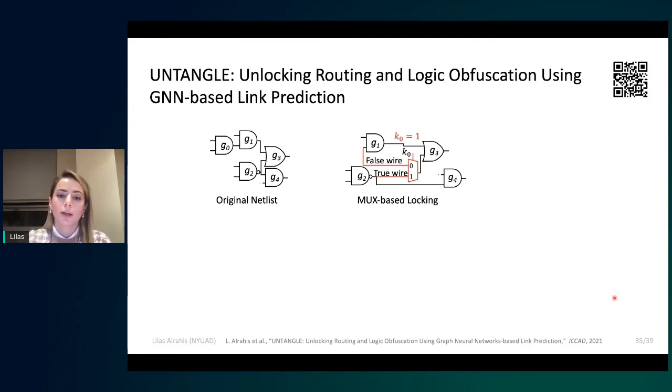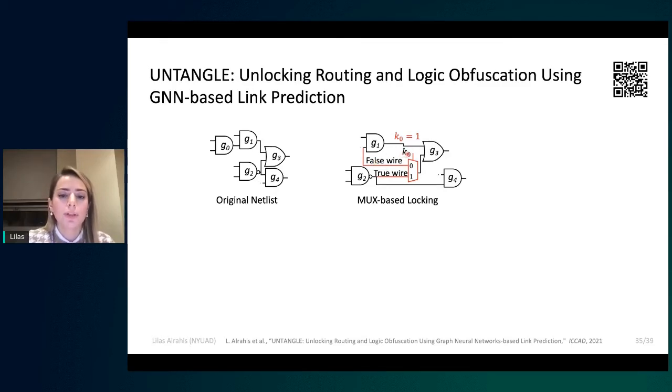One way to solve this is to use MUX structures for locking. The MUX in this case will act as a key gate. Here on the left, you can see an original netlist, and here you can see us locking it using a MUX. We added a 2-to-1 MUX. This MUX takes a true wire from the circuit and a false wire from somewhere else in the circuit.